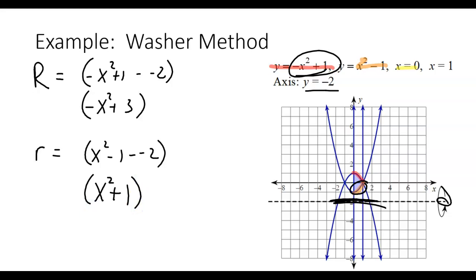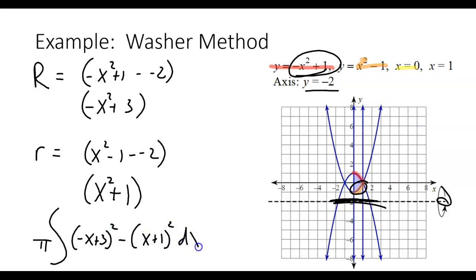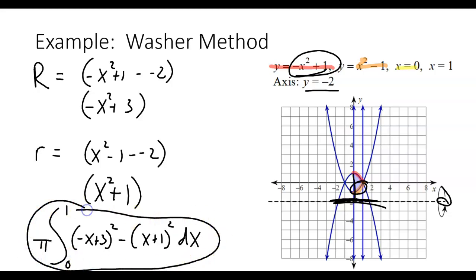All right, now by rotating the areas of the circles around, we get pi, and then we have our big radius minus our little radius. And we're going from x equals 0 to x equals 1. And you would punch that in your calculator and get your answer.